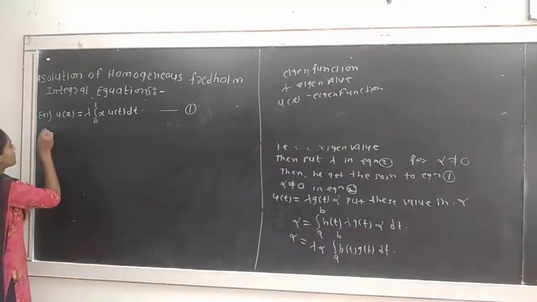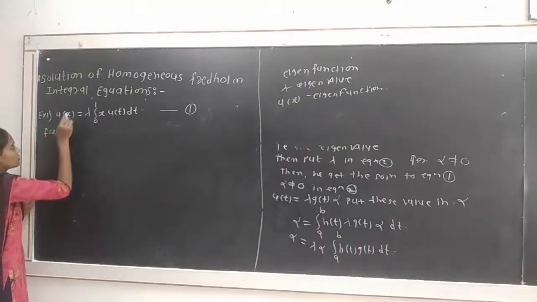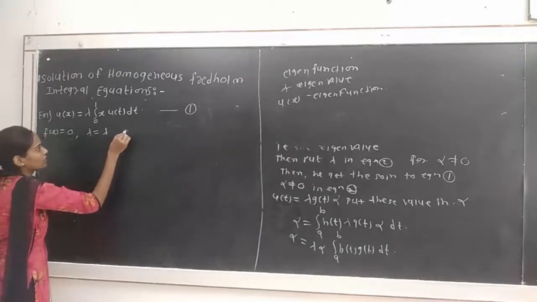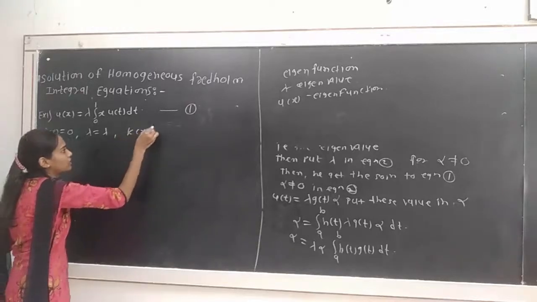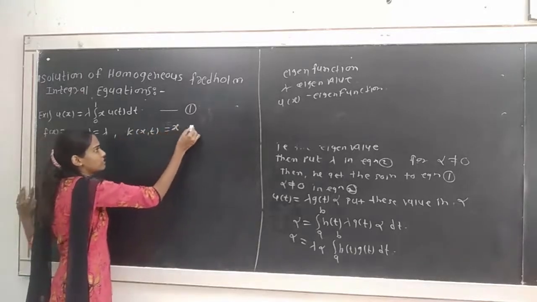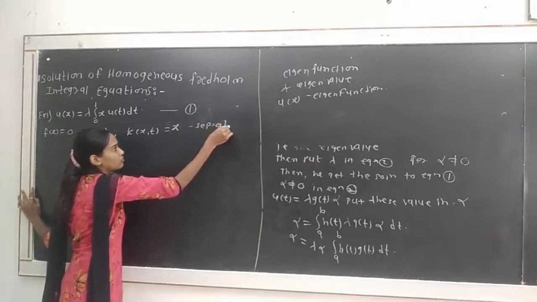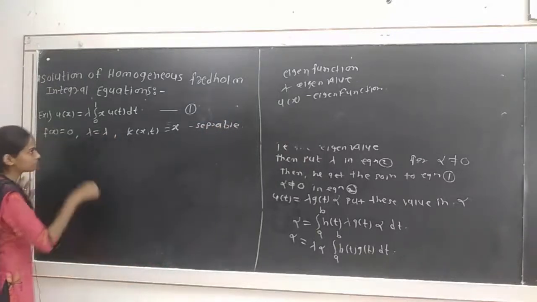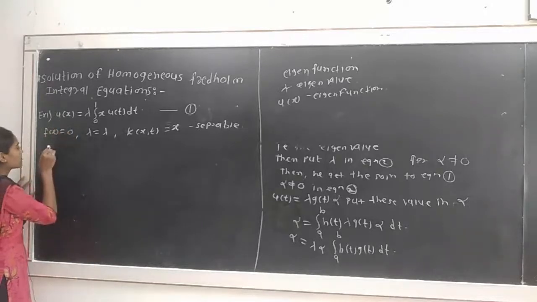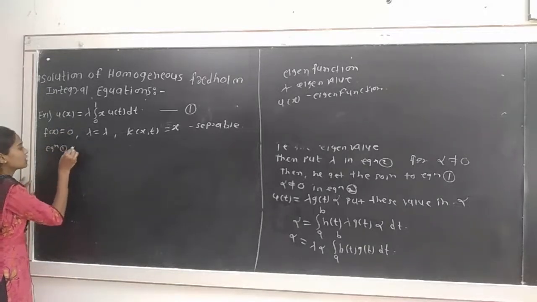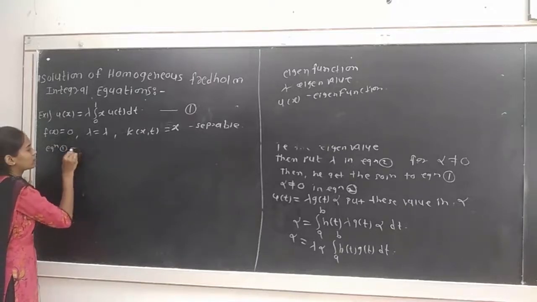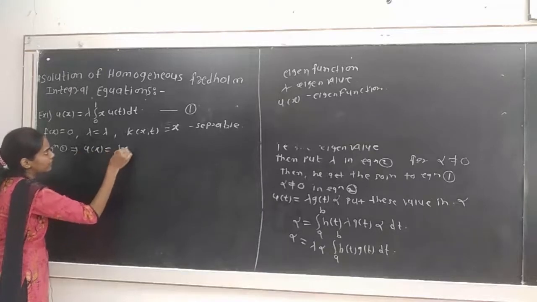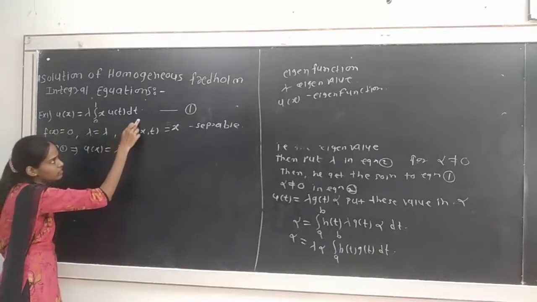Here f of x is equal to 0 because of the homogeneous form, the parameter is lambda, and the kernel k of x,t is equal to x, which is separable. So we use the direct computation method for finding the solution. We can write equation 1 as u of x equal to lambda, taking x outside because it is constant with respect to t.